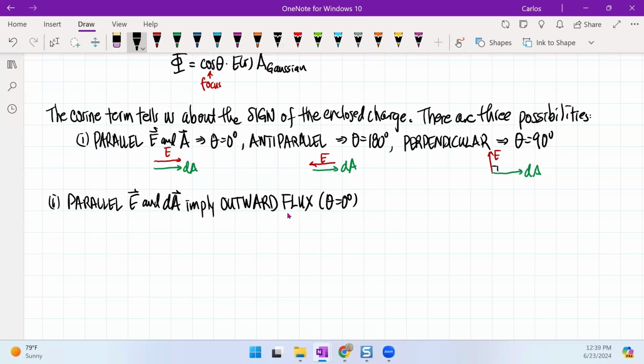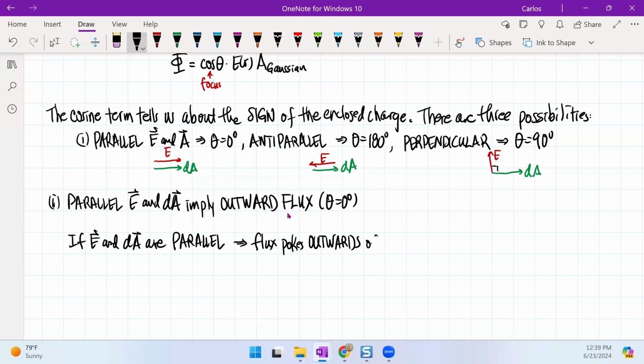So if E and dA are parallel, then we could say that the flux pokes outwards of the Gaussian.